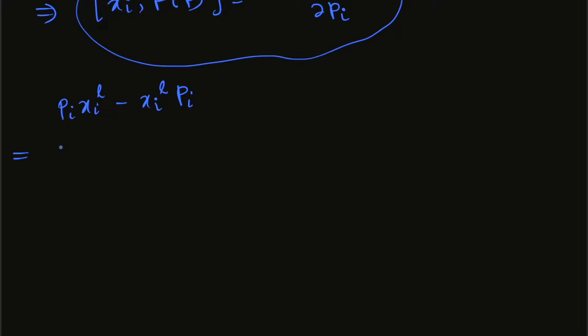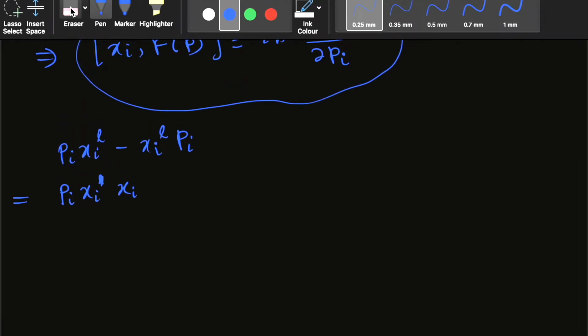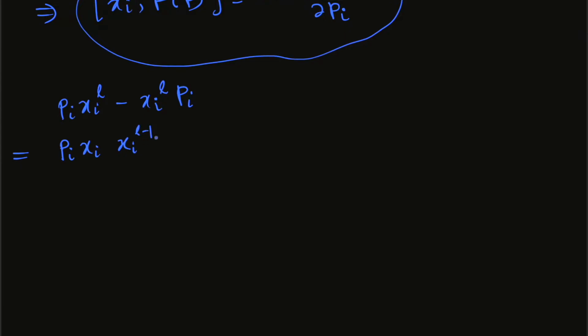That means, let us first write p_i x_l, sorry, x_i to the power l minus 1, minus, let us subtract some term. What will we subtract? We will subtract x_i p_i x_i to the power l minus 1. So we have to add this term p_i x_i, p_i x_i to the power l minus 1.